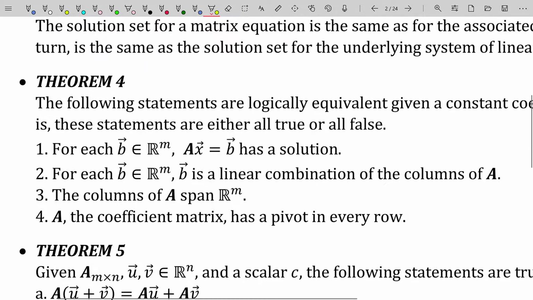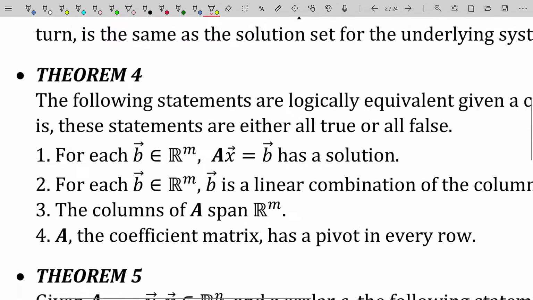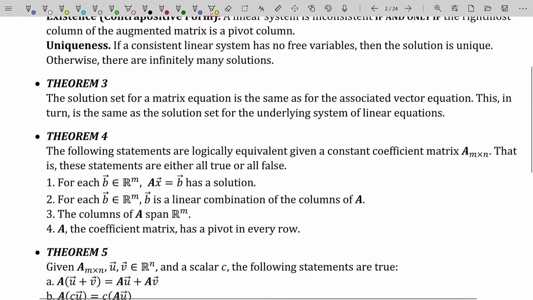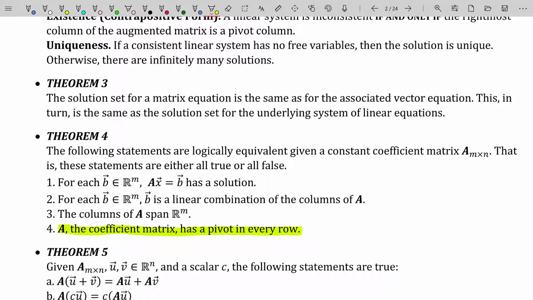That theorem 4, though, is the one I'm interested in. All of the statements in that theorem 4 are equivalent statements. That is, either they're all true or they're all false simultaneously. And that very last statement within theorem 4 states that A, the coefficient matrix, has a pivot in every row. Then, if that's true, 1, 2, and 3 are also true.